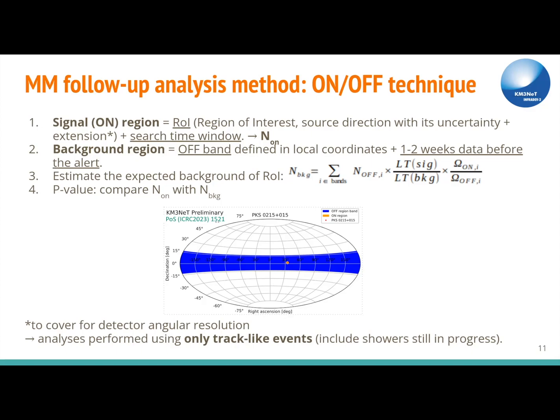And then we compare the number of events we actually have in the on region to the number of background events that we are expecting in this region. And we have some p-values that we can compute afterwards. For now, this analysis is performed only with track-like events, but we are also working to include shower-like events.